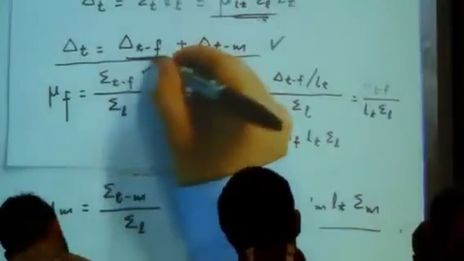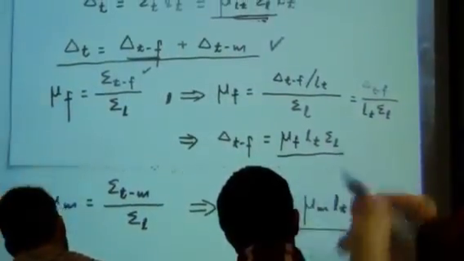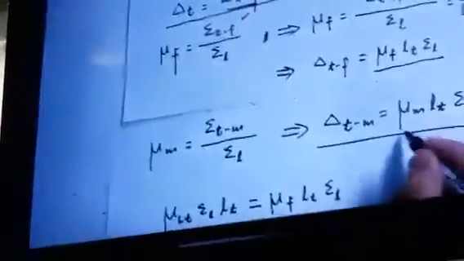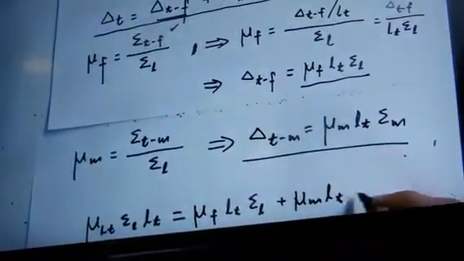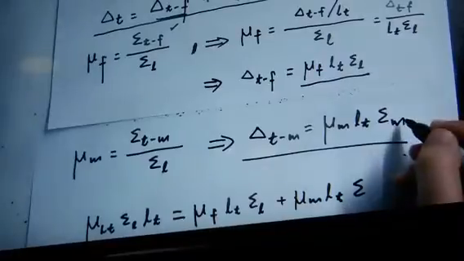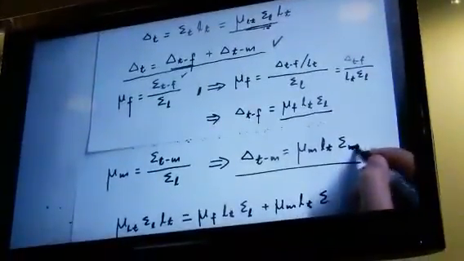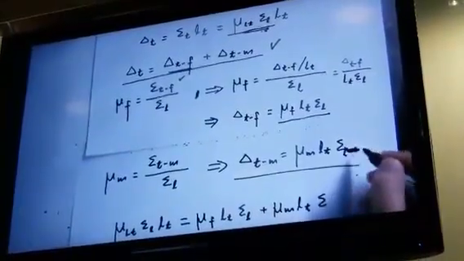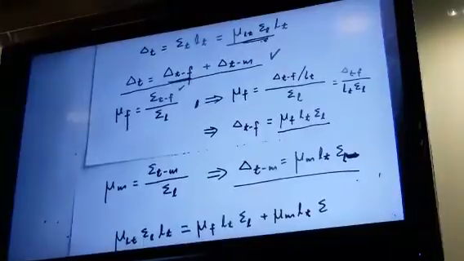And then this term, delta TF, is equal to this, so mu F LT epsilon L. And delta Tm is this term plus mu M LT epsilon. Sorry, this is epsilon L. There's a typo here.